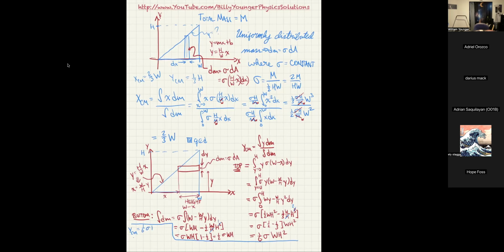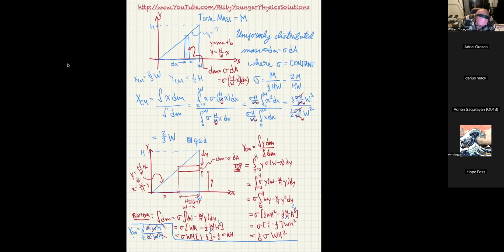So YCM is equal to 1/6 sigma WH squared divided by 1/2 sigma WH. You can see the W cancels out with the W. The H squared cancels out one of the H's down here. The sigma cancels out with the sigma.